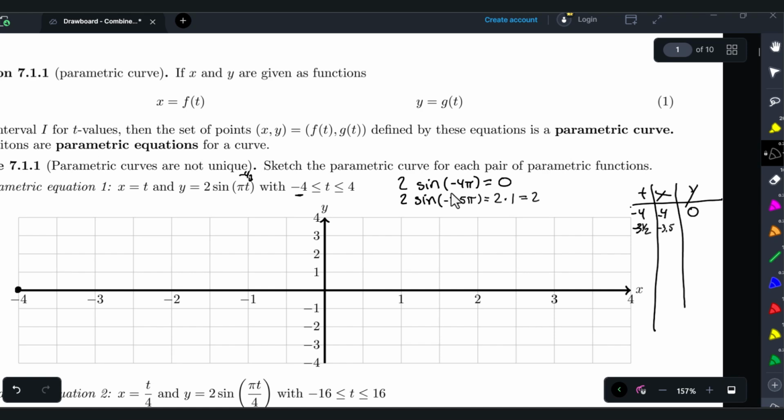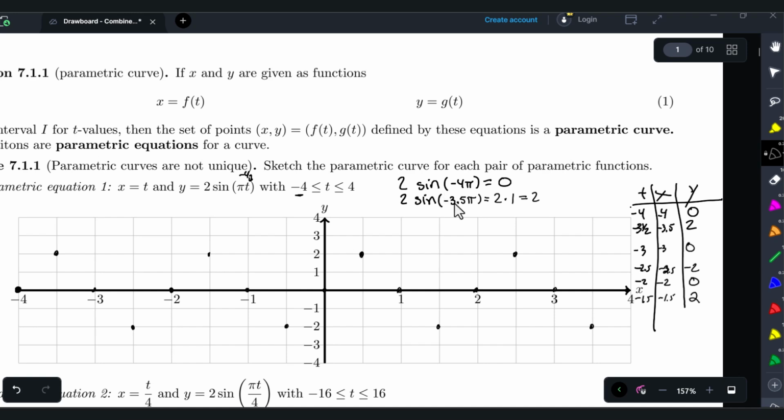I remember the next interesting point for the sine function is a half. So if I make t equal to -3.5 and multiply that times pi, the sine of -3.5 pi is equal to 1, in radians. That means I get an output of 1 times 2, which is 2. So for this particular point, I get a positive 2.